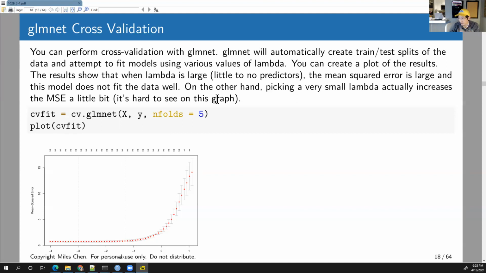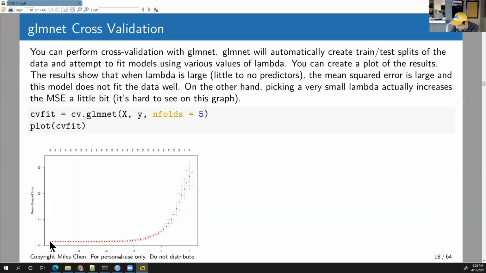The results will show that when lambda is big, the mean squared error is huge. On the other hand, with picking a small lambda, what this plot is showing is that this one on the left is the lowest value.